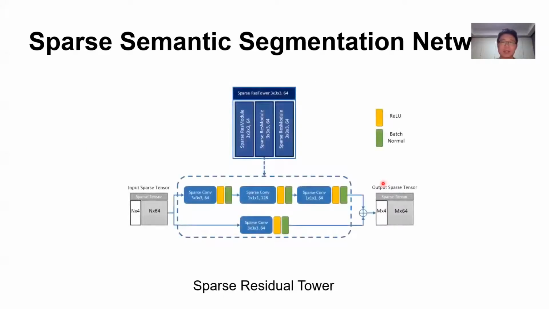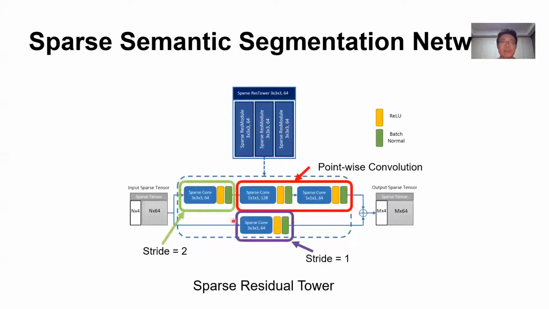Sparse residual towers consist of two branches. The top branch is a sparse convolution with stride of 2, followed by two pointwise convolutions, whereas the bottom sparse convolution has the same kernel size but does not perform downsampling, which is, the stride is 1. Its output is used as a residue to recover the input sparse tensor's coordinate map and their corresponding features.